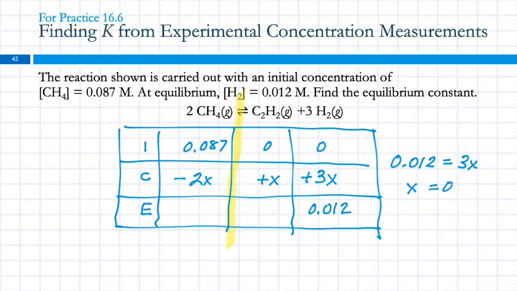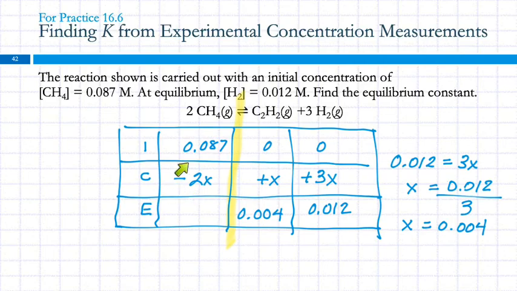So x equals 0.012 divided by 3. x is 0.004. Here I have 0 plus x. So what's my equilibrium concentration of C2H2? 0.004.